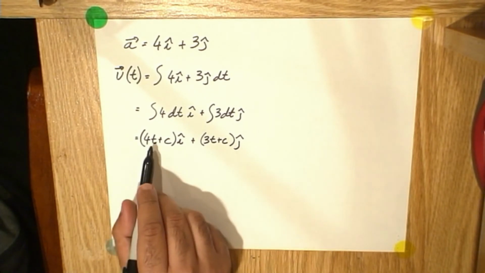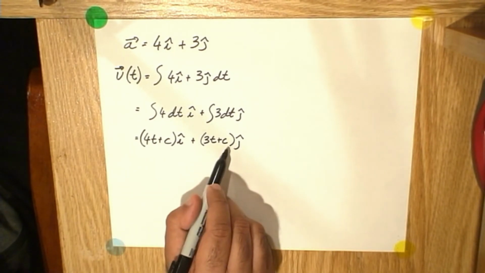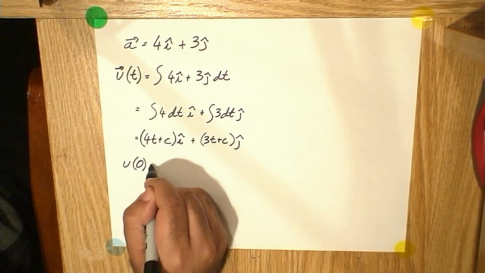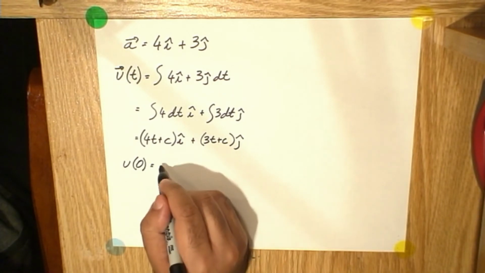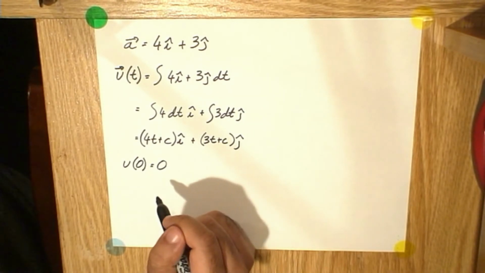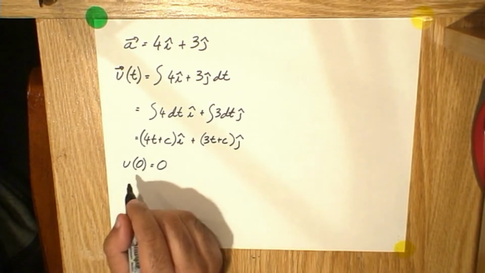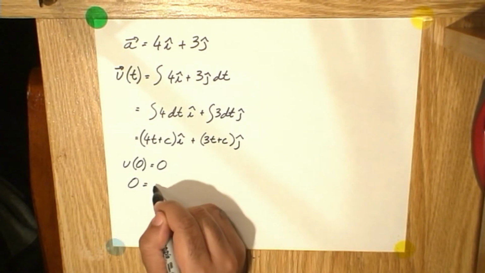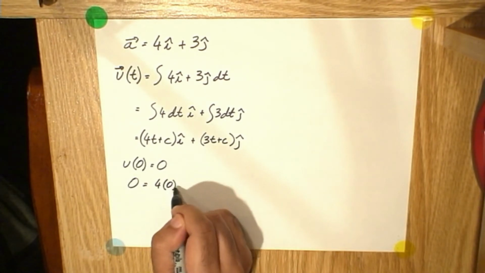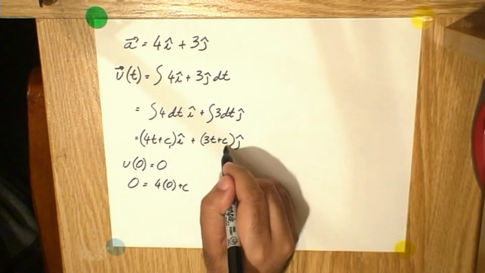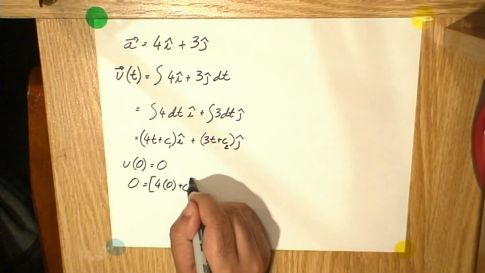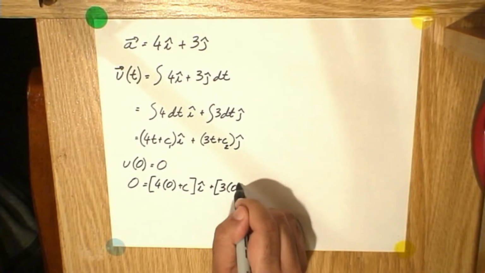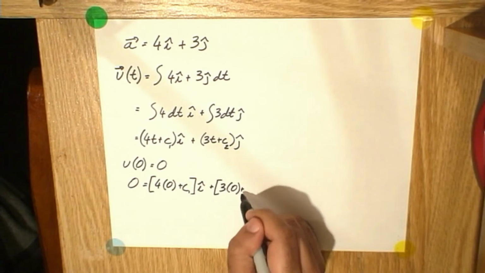Now, we need to figure out what c is. We were told that at time equals 0, the velocity is equal to 0. So, if we plug in 0 for t over here, we can solve for what c must be. We are told 0 is equal to 4 times 0 plus c. Let's call this c1 and let's call this c2. i hat plus 3 times 0 plus c2.